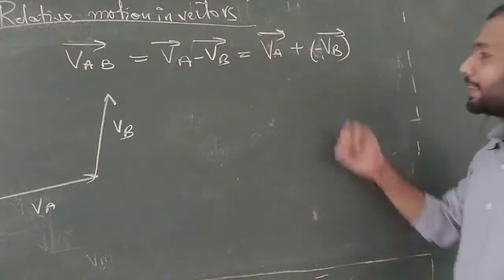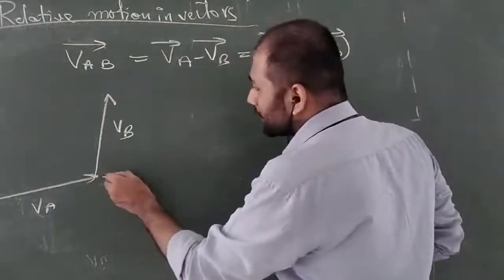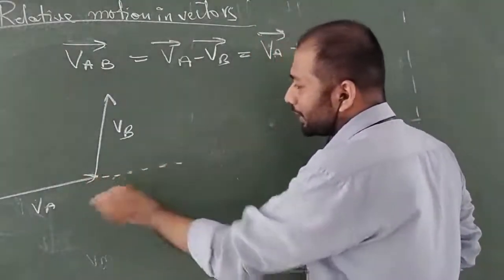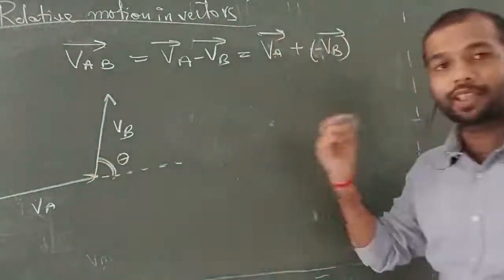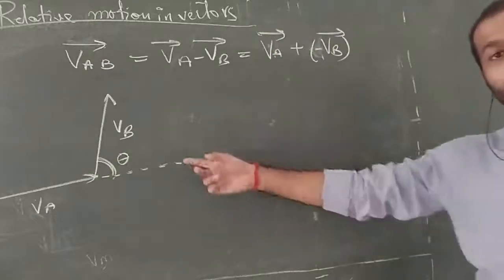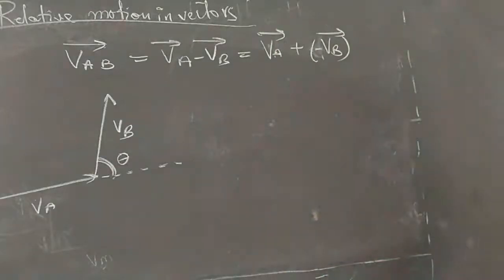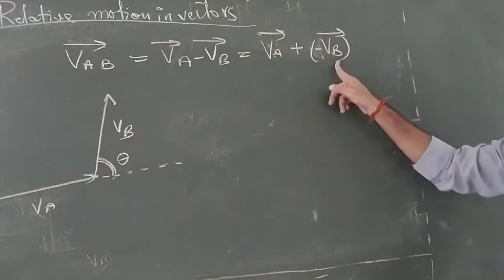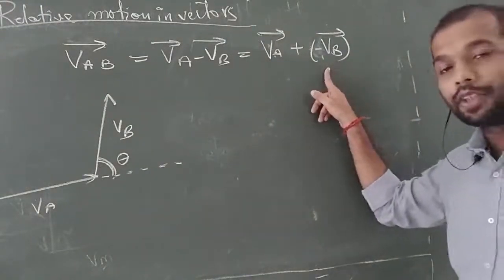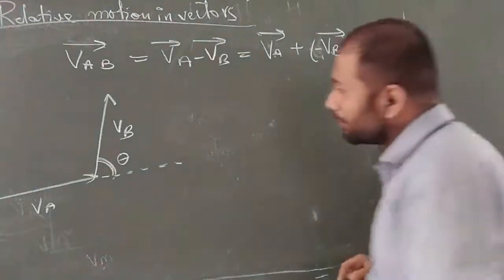Now let us see the diagram. If this is the extension of A, then the angle between them is taken as theta. That was the initial angle when VA and VB are drawn normally. Now if I want to represent VA minus VB, what do I have to do? I have to reverse the direction of VB.